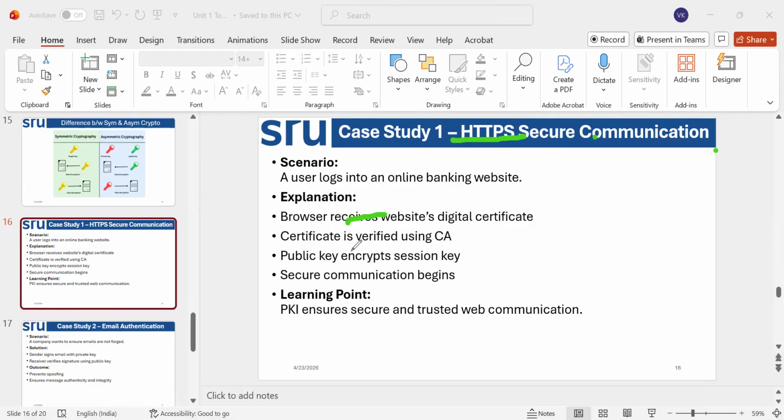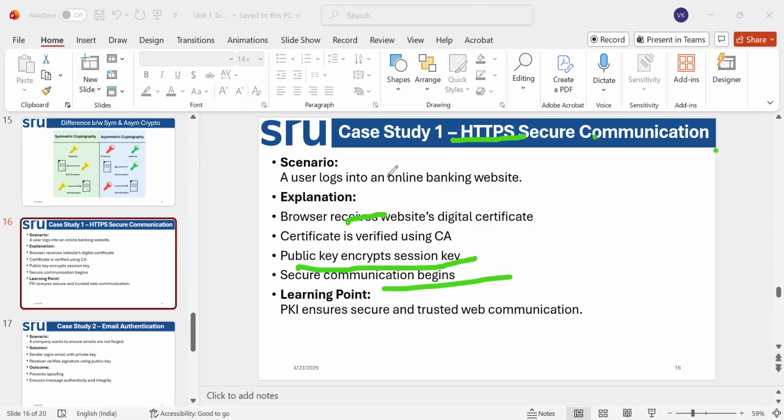Okay, so we understood the scenario of HTTP secure communication. The user logs into an online banking website, the browser receives the website's digital certificate, and the certificate is verified. The public key encrypts the session key, and secure communication begins.